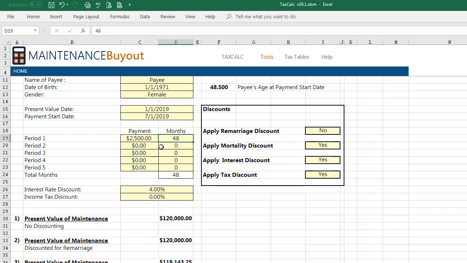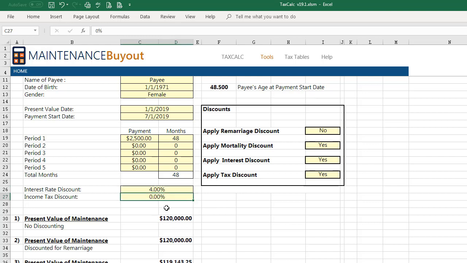So what would someone reasonably be able to earn on their money over 48 months time? I think those interest rates tend to be pretty low. I know they are increasing, but it should be a case-to-case calculation, not necessarily using the default. There is a default 4% in there though, and again, that's something that you want to adjust and look at specific to each case.